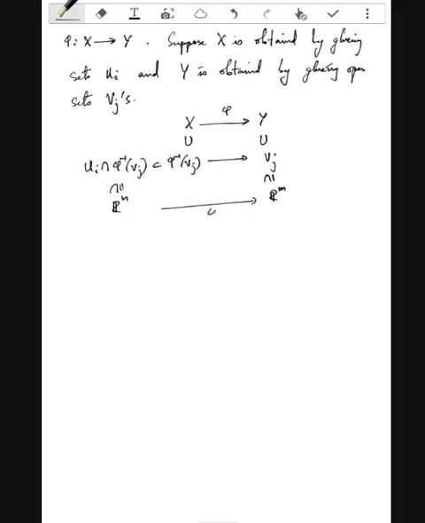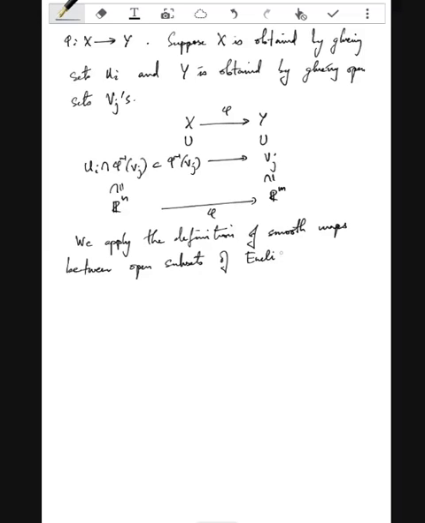Now we apply the definition of smooth maps between open subsets of Euclidean spaces.